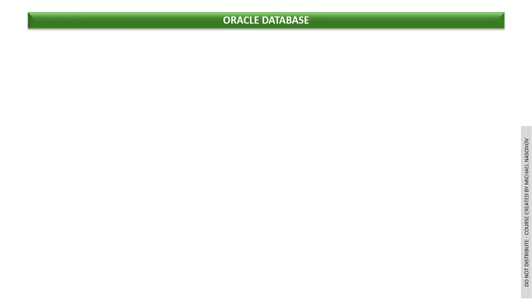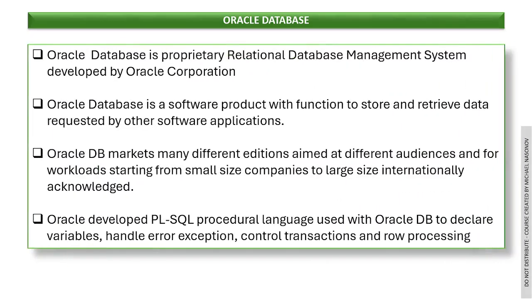Let's take a look at the similar Oracle database. Practically the same. Oracle database is a proprietary RDBMS developed by Oracle Corporation. Oracle DB is a software product with functions to store and retrieve data requested also by other software applications of different types.